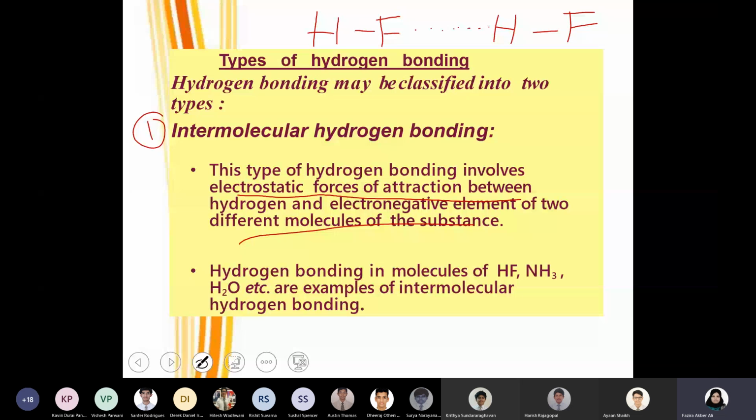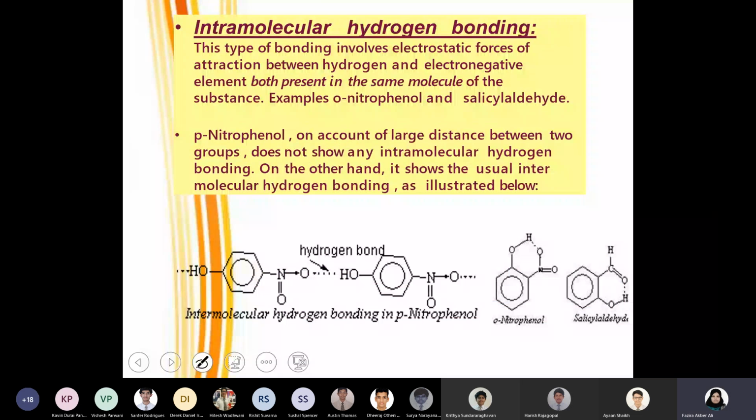The second category of hydrogen bonding is slightly different. That is what we are discussing newly. The second category is intramolecular hydrogen bonding. The word itself gives you the hint.